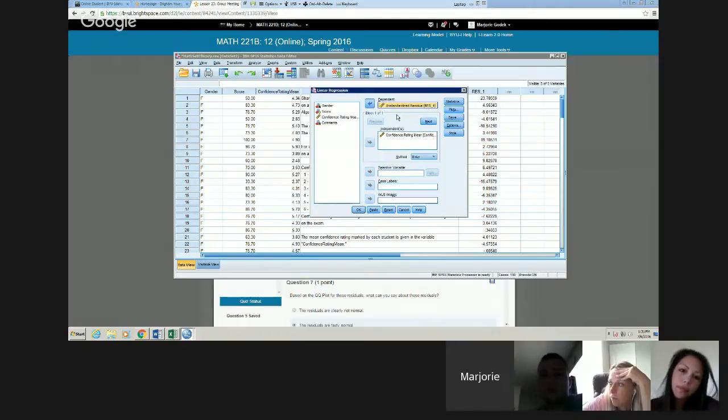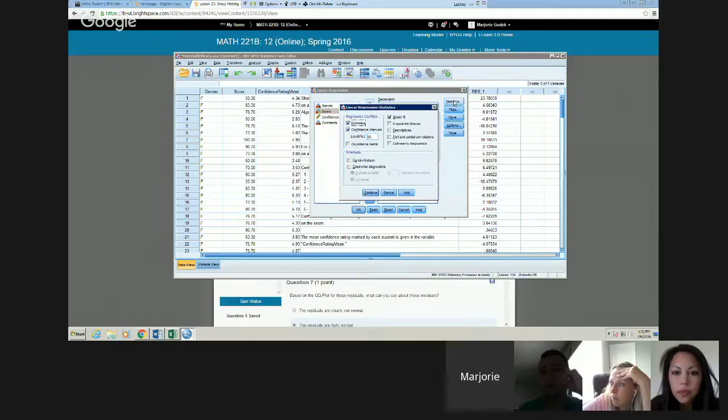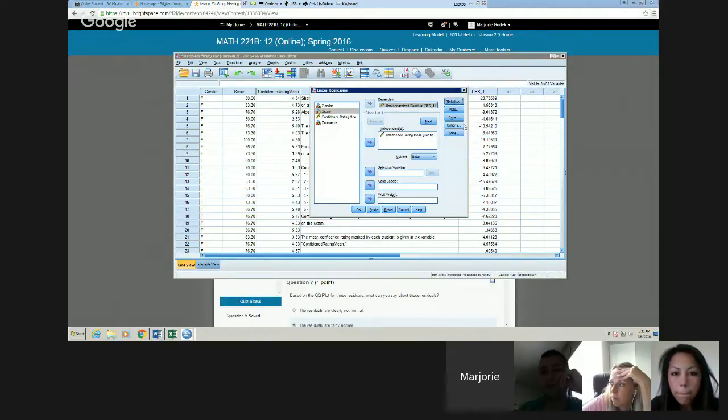Should I save it like this? Before I had score in the dependent. But we don't have a residual graph if we do that. So we want residuals as X and confidence as Y. Do you want me to leave it like it is right now? Yeah, like this.